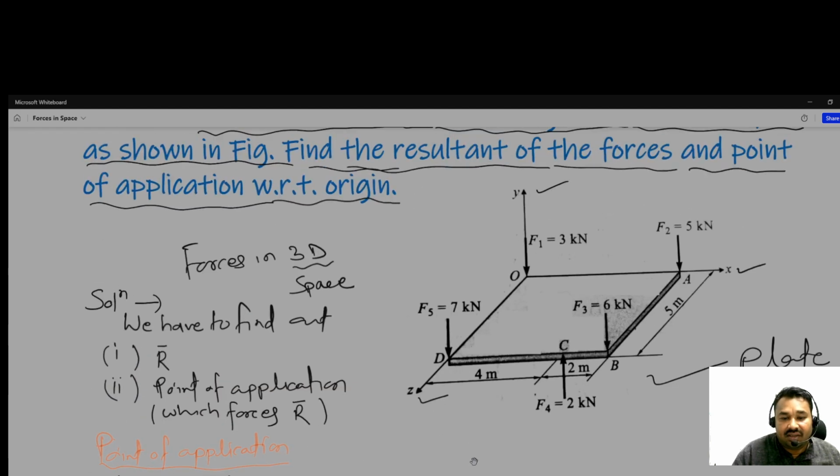We can see O is the origin in the figure, and OP means there is some point where our resultant may lie. It is obvious it will lie in the X and Z plane. So suppose it is lying here somewhere. Then we have to find out its coordinates from the X, Y, Z axes.